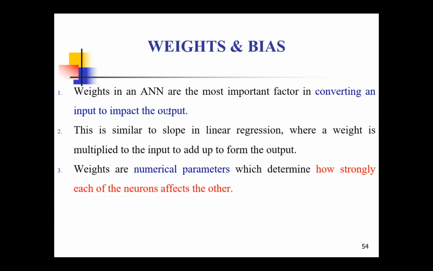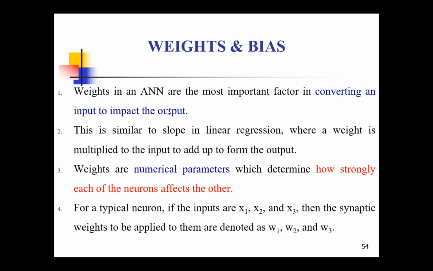How strongly it affects is determined by the weightages. If I have the inputs x1, x2, x3, then the corresponding weightages will be w1, w2 and w3. So the output is a function of the input variables, that is, the summation of each variable into its weightage, plus bias.